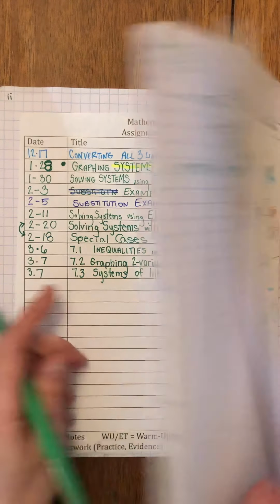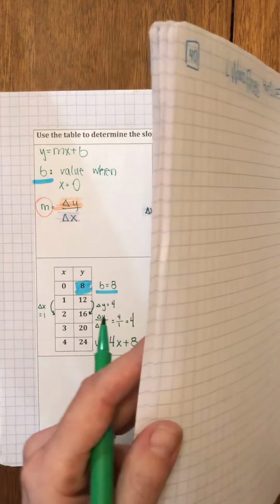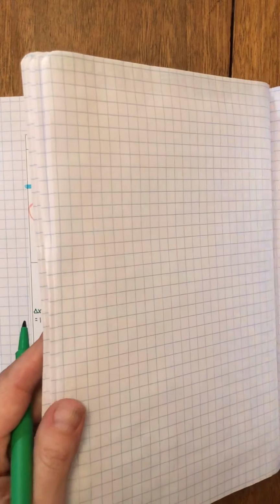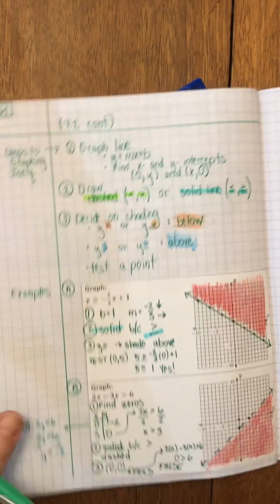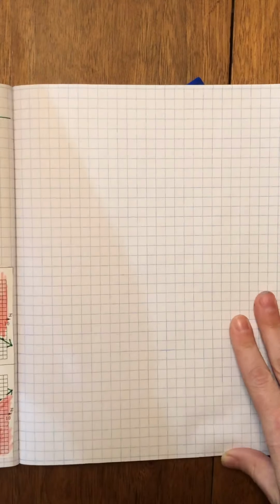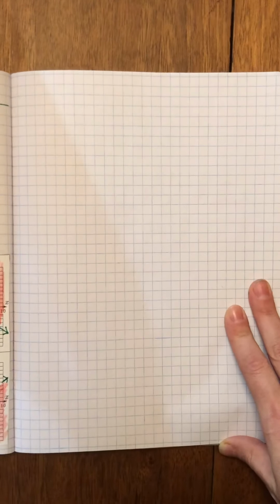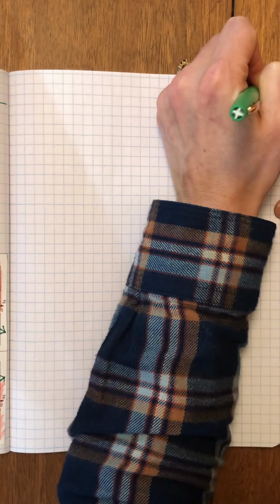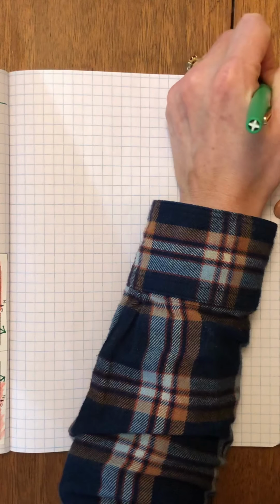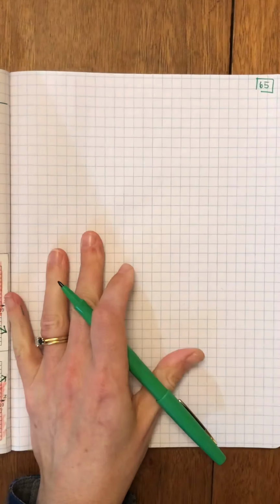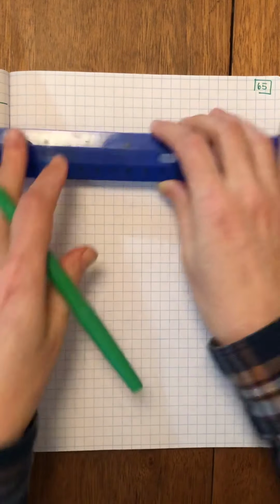All right, I'll turn to my page 65. Label it 65. Set up my notes.